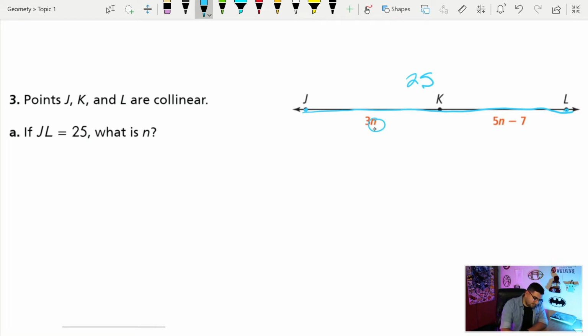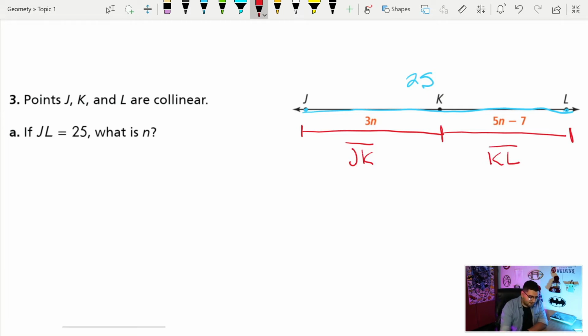Based on this image, I know that the whole length of JL can be broken up into two parts, segment JK and segment KL.